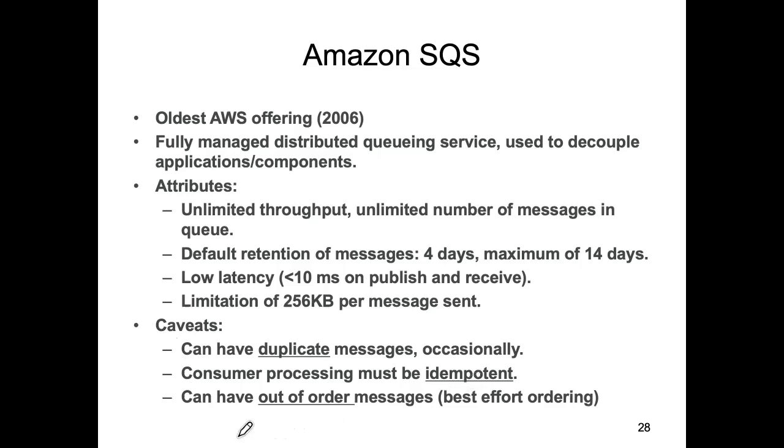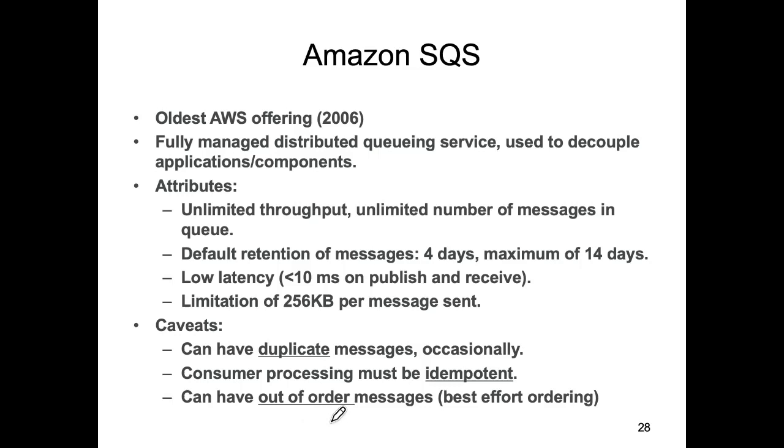Also, Amazon say that there's no guarantee of the ordering of the messages, so the order in which messages are written to the queue by the producer, the consumer won't necessarily receive them in that same order. In many cases, that's not a problem.